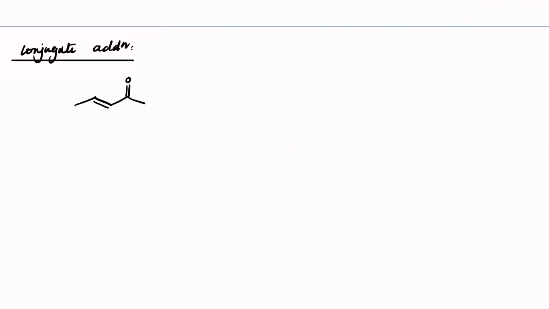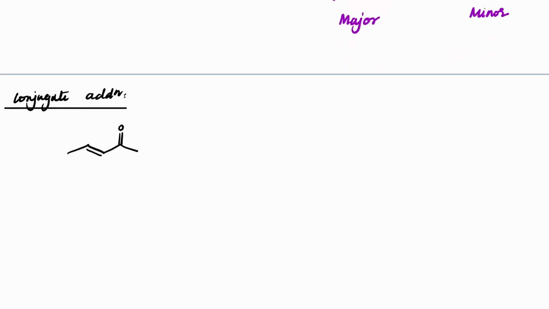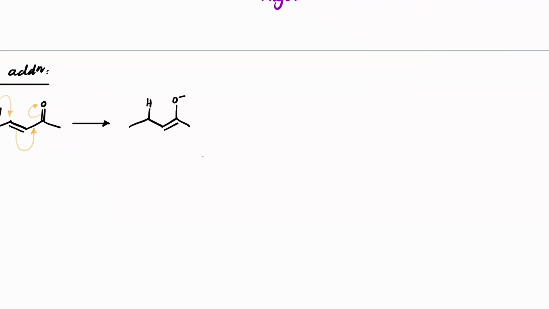When you have a double bond here, and you take lithium aluminum hydride, that is AlH4 minus, this H minus will attack on this position, pushing the pi bond here and pushing the minus charge here. So you will get O minus here, hydrogen coming at this position, and the double bond shifting here.